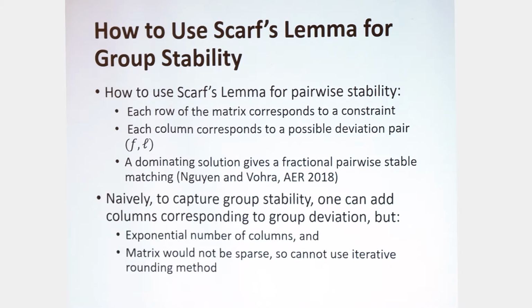Okay. Then to capture group stability, the naive way is to add columns corresponding to group deviations. However, this approach has some problems. The number of columns can be exponential, and the constraint matrix could be not sparse, so we cannot use the iterative rounding method.